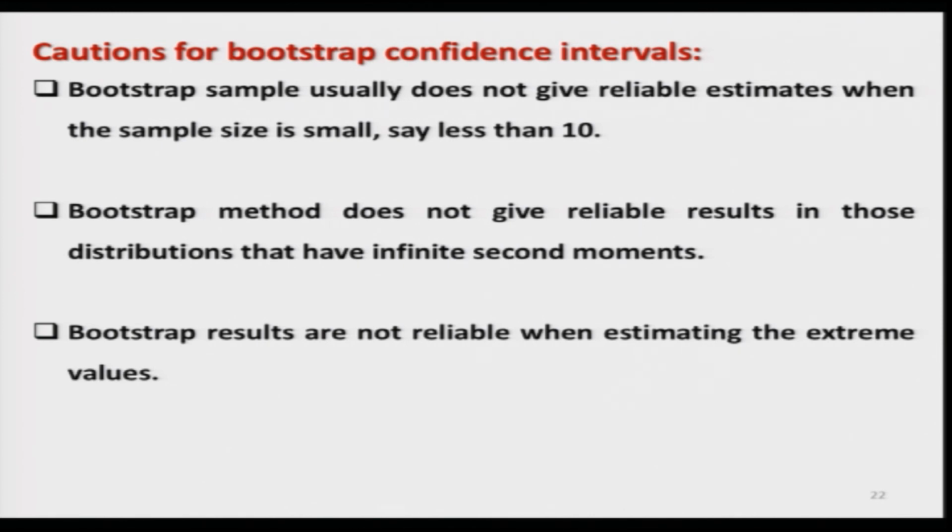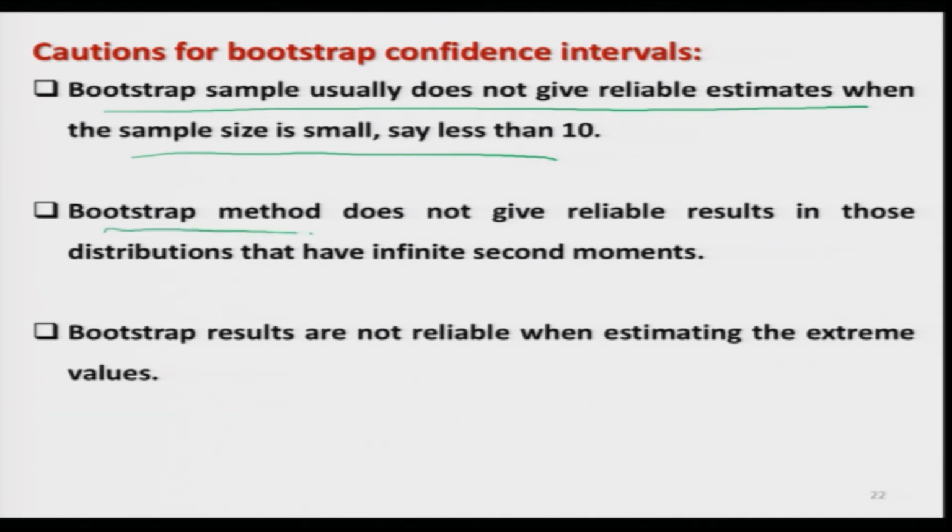So, the first caution is that the bootstrap sample usually does not give a reliable estimate when the sample size is very small. As a rule of thumb, if the sample size is smaller than 2, then it is difficult to believe in the accuracy of these bootstrap confidence intervals. And the bootstrap method does not give reliable results for distributions that have infinite second moments.